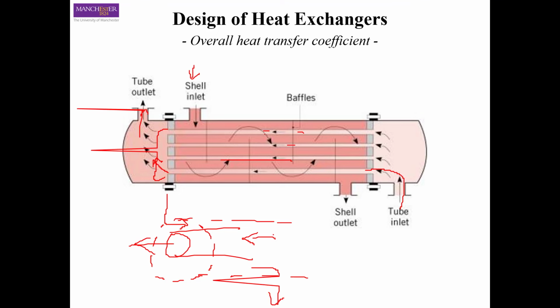And if the temperature of the tube fluid is not equal to the shell fluid, then we can say that the heat exchange can happen. If the two temperatures are equal, obviously the net rate will be 0.